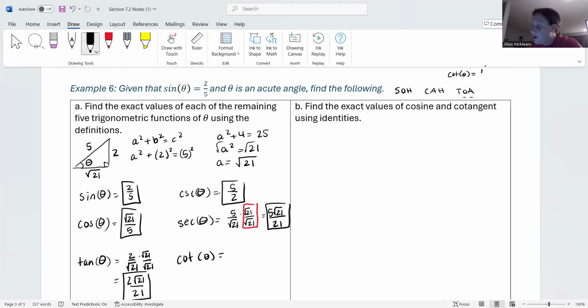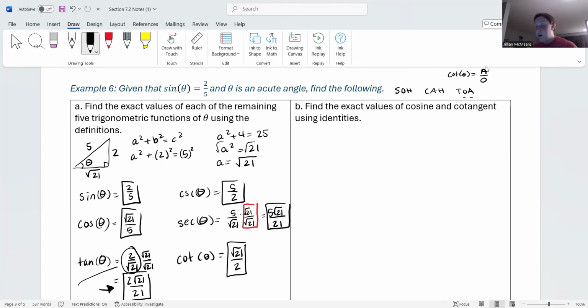So cotangent is adjacent over opposite. So that's going to be a little bit easier than finding the reciprocal of this. So we want adjacent, which is square root of 21, over opposite, which is 2. Now, if you were to use the reciprocal of 2 square root 21 over 21, you'd have to rationalize it again. Or you could just use the reciprocal of this one. Okay, so there's a few different ways that you can figure cotangent out here.